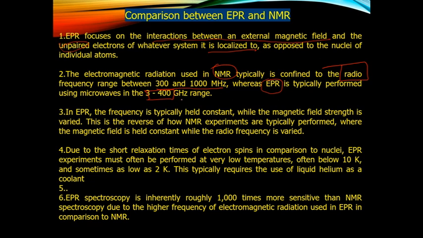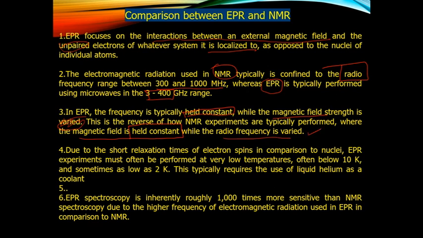In the second case, you have microwave frequency. In EPR, the frequency is typically held constant, so it is not varied, while the magnetic field is varied there. So you can see that. This is the reverse of how NMR experiments are performed, where the magnetic field is held constant and the radio frequency is varied.